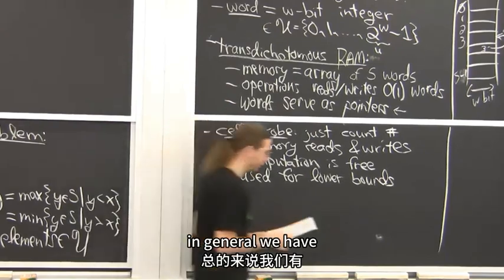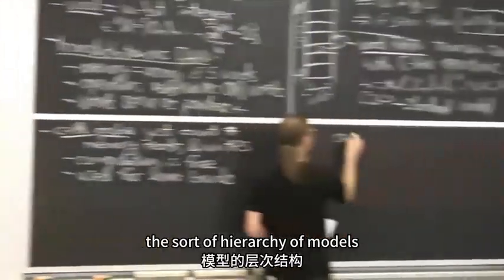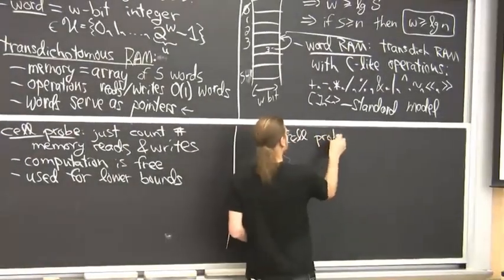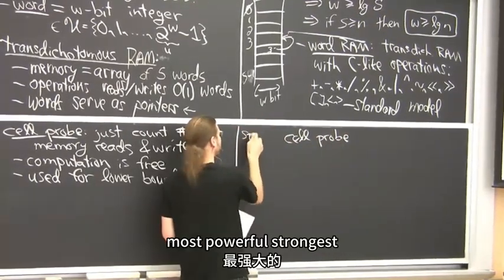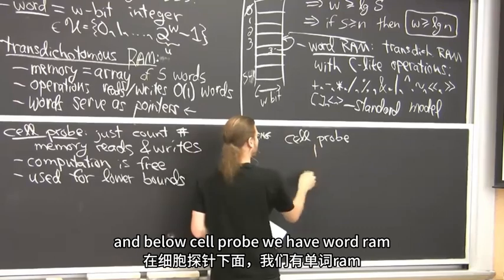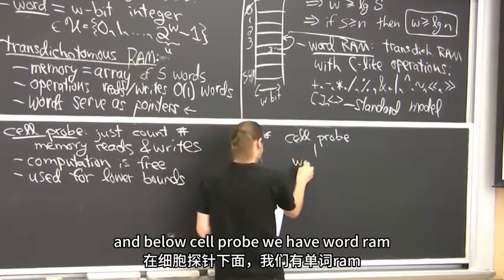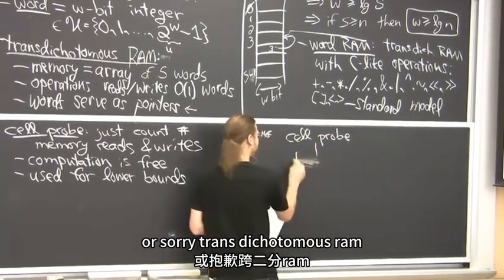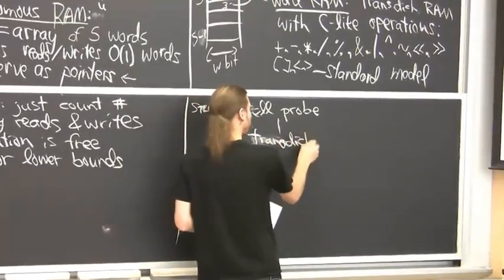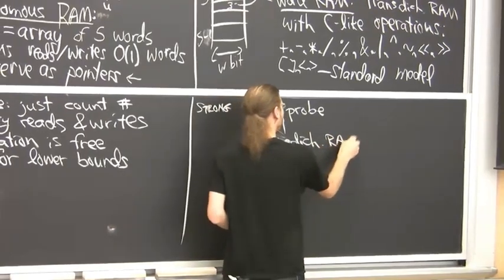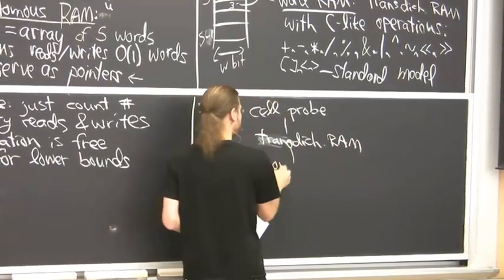In general, we have this sort of hierarchy of models where this is the most powerful, strongest. And below cell probe, we have word RAM, or sorry, transdichotomous RAM. Then word RAM.